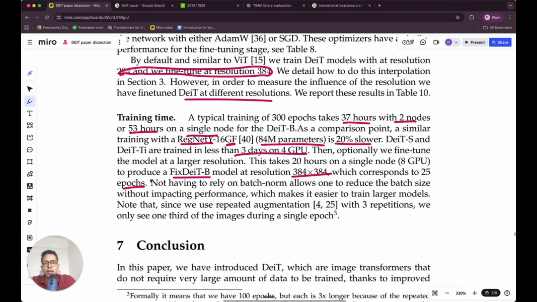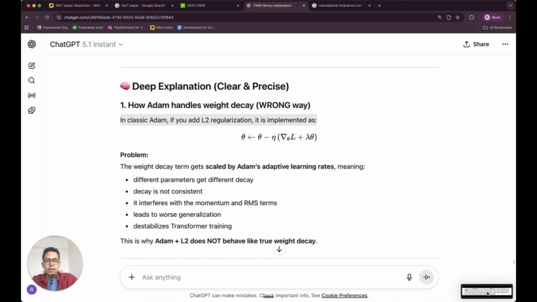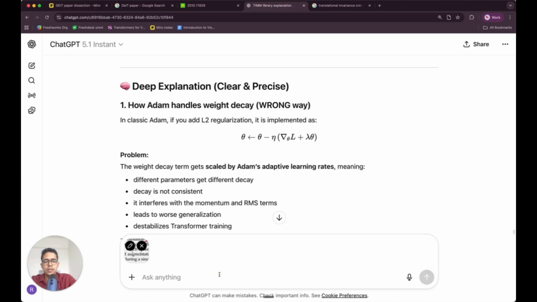Oh, really? Not having to rely on batch norm allows one to reduce the batch size. I was not so sure why changing the batch size is problematic when there is batch normalization. Why is it an issue to change the batch size if batch normalization is present?